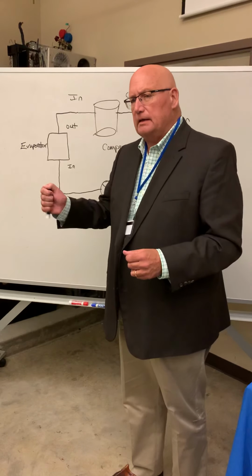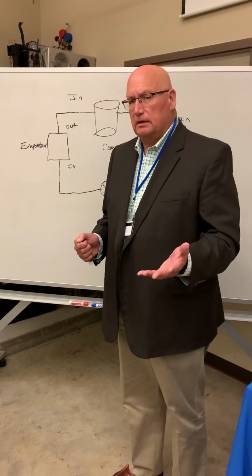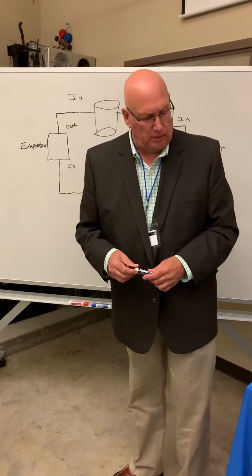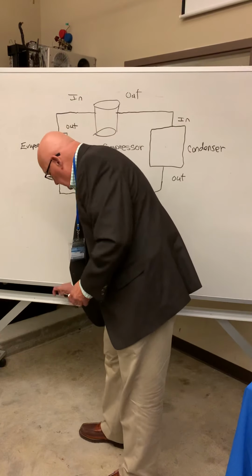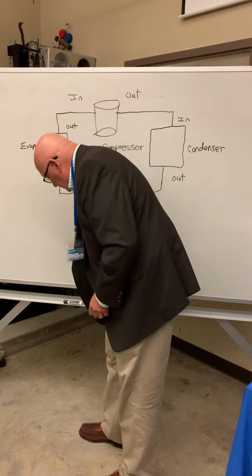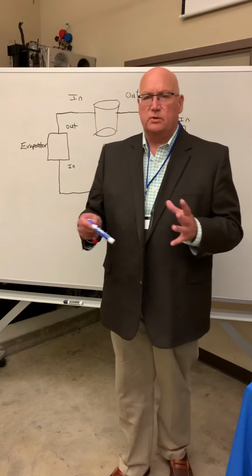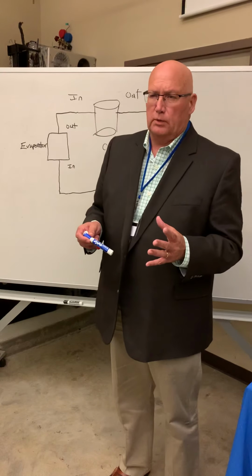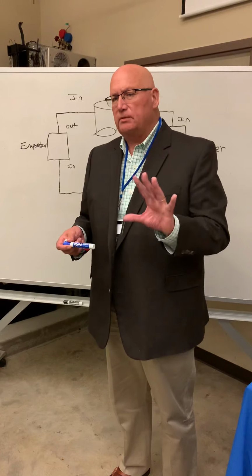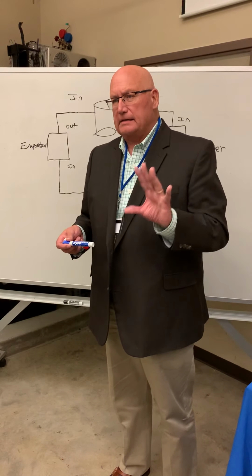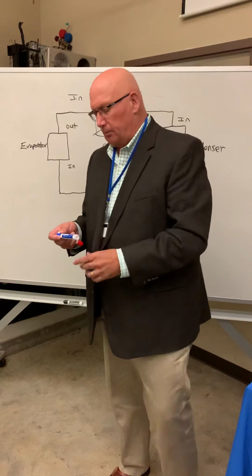And so that's what I'm going to simply do and end this right here, is to show this refrigerant with the in and the out. Is it a vapor or is it a liquid? So let's start with the compressor. The compressor is really interesting because it actually sees the refrigerant as, well, let me back up. It sees the refrigerant as a gas always. Gas in and gas out. Vapor in, vapor out.